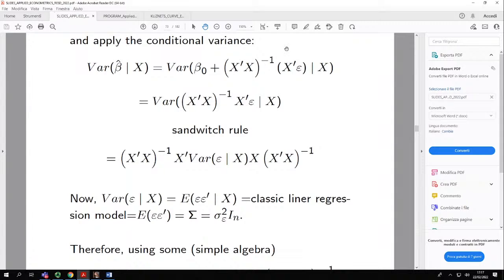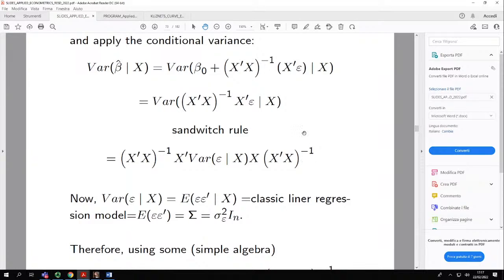Let me color it. I can shift this term here on the left, and it is what I have done here. And I can do it also on the right, but prime, transpose.